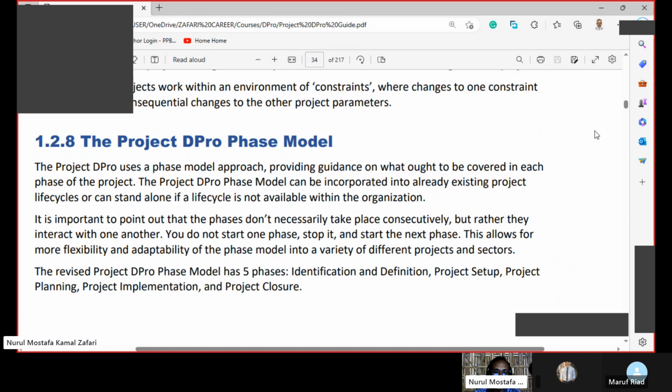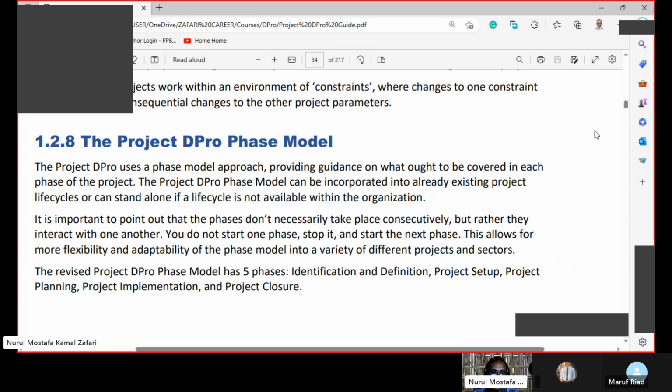It is important to point out that the phases don't necessarily take place consecutively, but rather they interact with one another. You do not start one phase, stop it, and start the next phase. This allows for more flexibility and adaptability of the phase model into a variety of different projects and sectors.